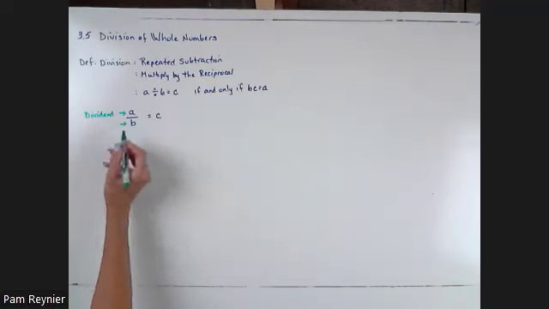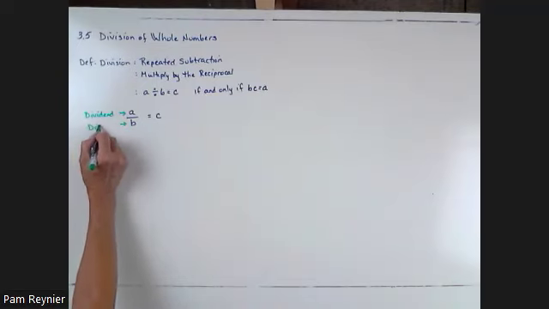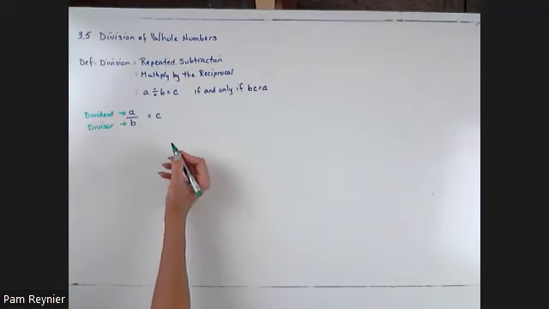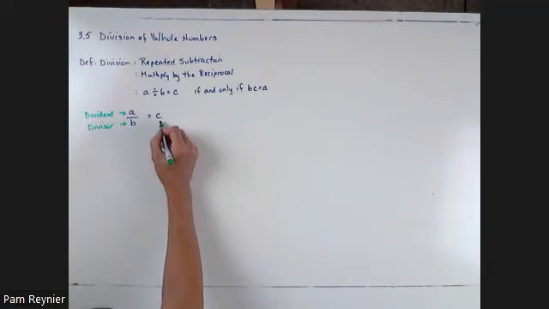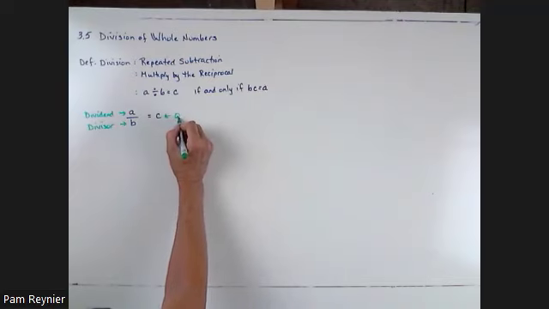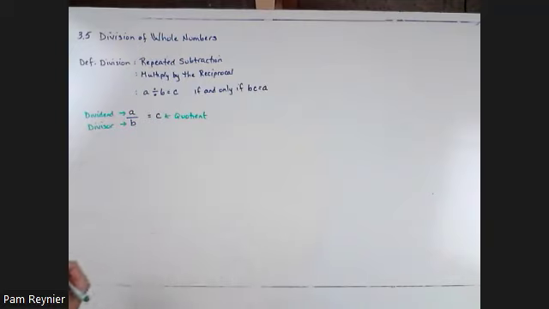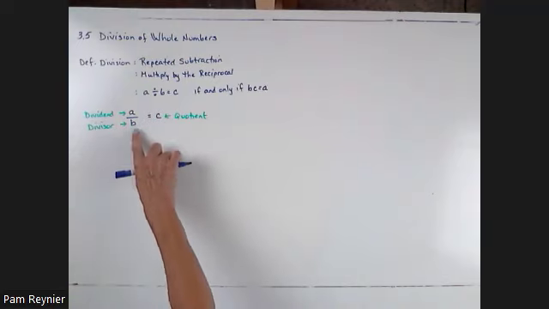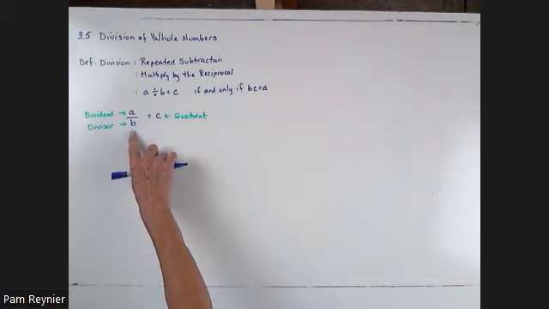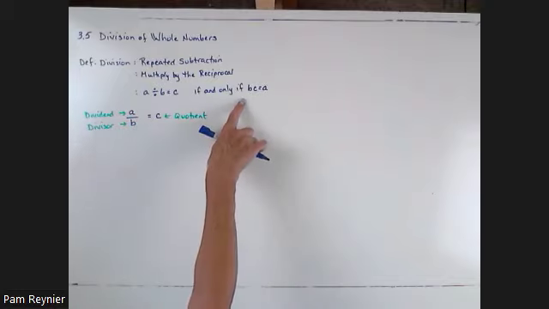The B is doing all the work, it's the divisor, and the answer that we get with division is what we call the quotient. And this is true. If we think about cross multiplying, or the definition, we can always multiply B times C to get our answer A.